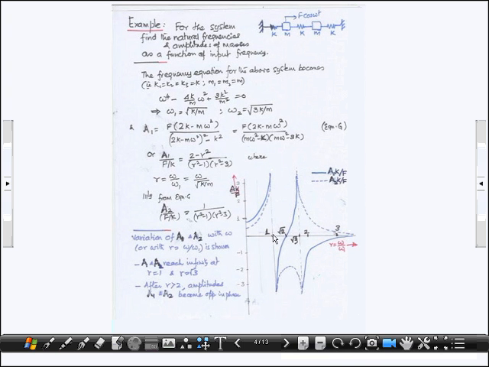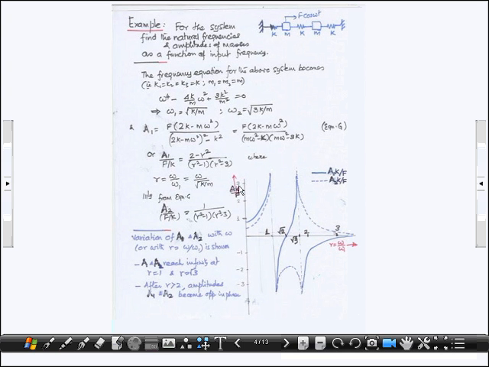That happens at r equal to 1 and also r equal to root 3. Corresponding to this equation, the amplitude of the second mass a2 is represented by this, and at r equal to 1 and r equal to root 3, the amplitude a2 also goes to infinity, represented by the dotted lines.